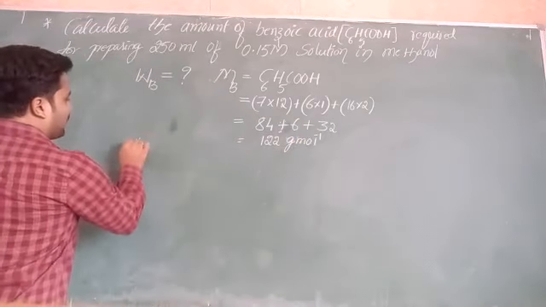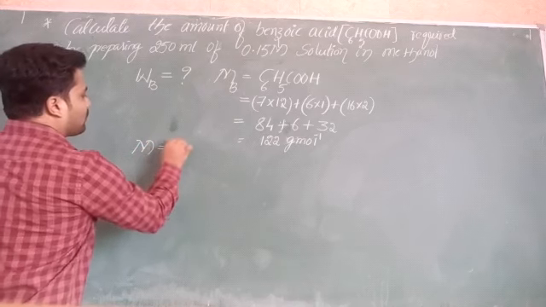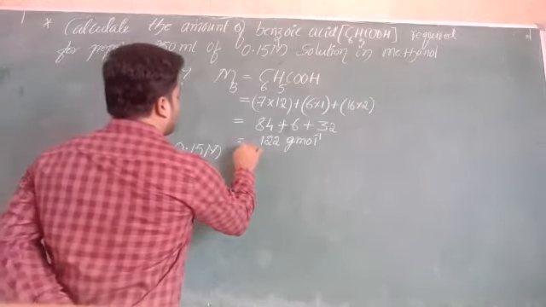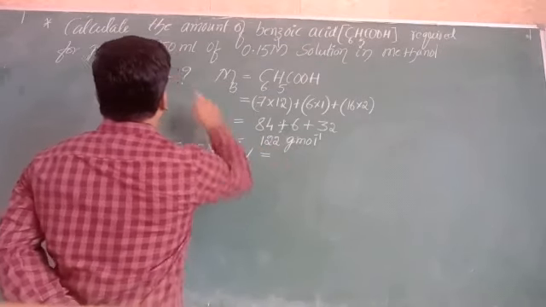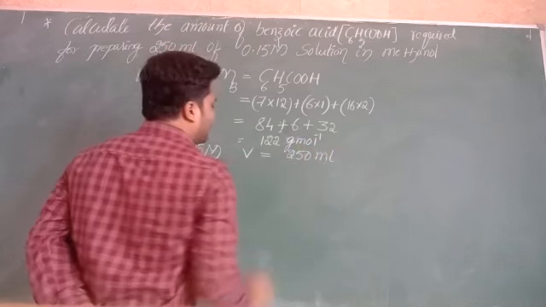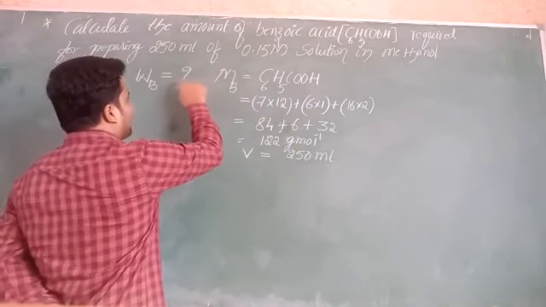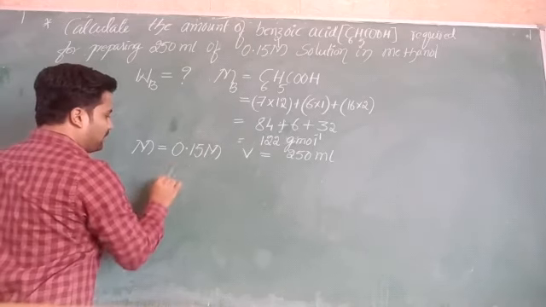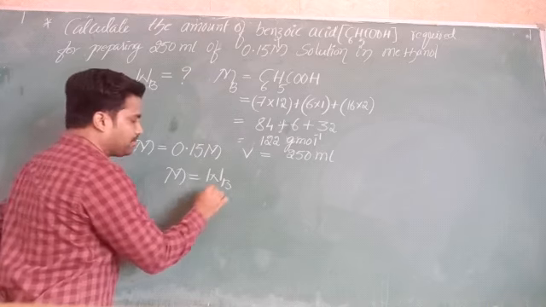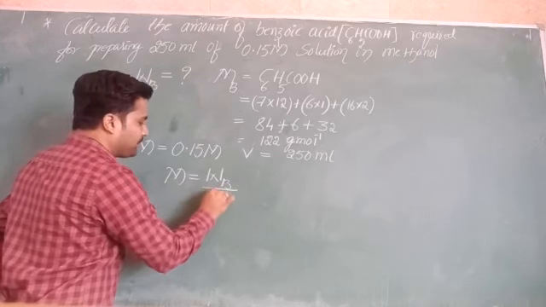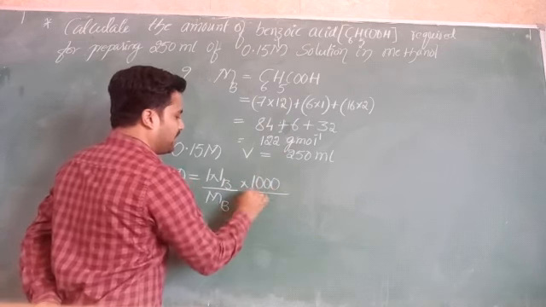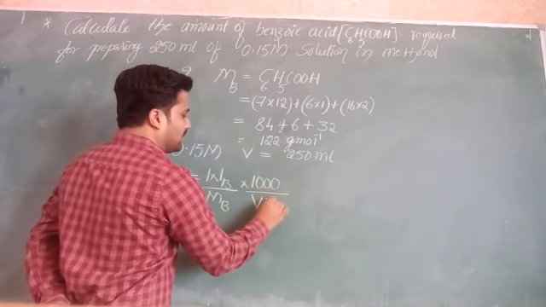So they have given the concentration, that is molarity equal to 0.15 m. They have given the volume, that is 250 ml. Right? So now we need to calculate WB. You know the formula, that is molarity is equal to WB by MB into 1000 divided by V in ml.